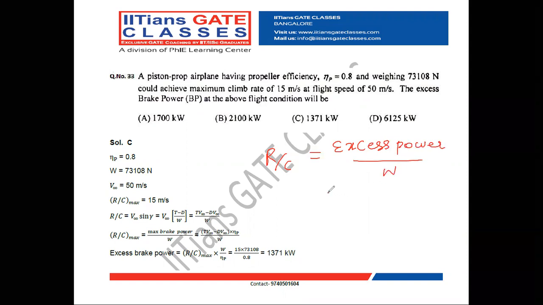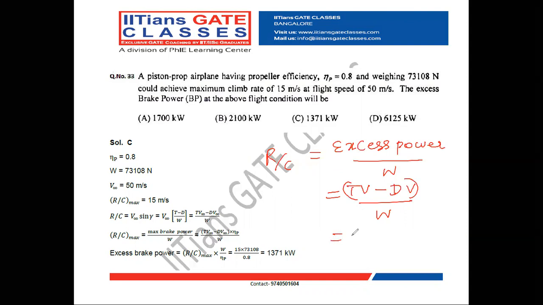Excess power is nothing but thrust into velocity minus drag into velocity, divided by weight. This is power available, this is power required. Power available minus power required is nothing but your excess power. But what they asked you to find out is the maximum brake power.